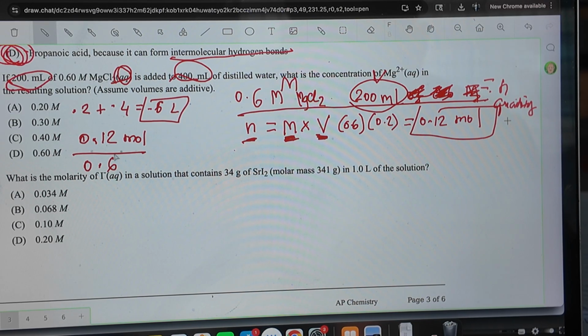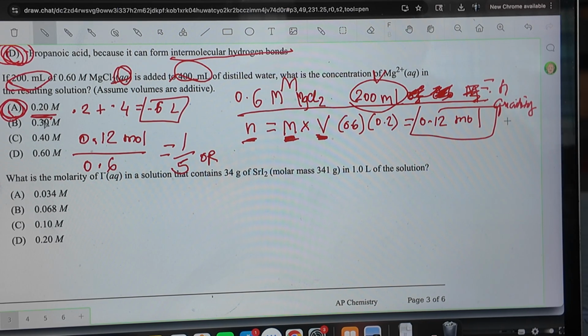And if I calculate this correctly, 0.12 divided by 0.6 is a fifth, I believe. This is a fifth. So the molar concentration in the new solution would be 1/5 or 0.2 moles.